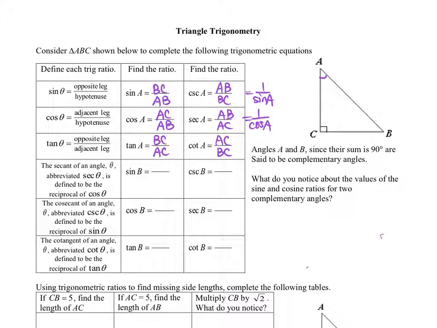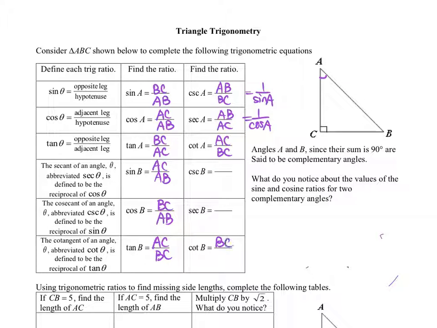Same thing as well when we look at angle B. In this case, the opposite is AC. Sine B is opposite over hypotenuse, and the hypotenuse is AB. And cosine B would be adjacent, which is BC, over hypotenuse AB. And tangent would be AC over BC.